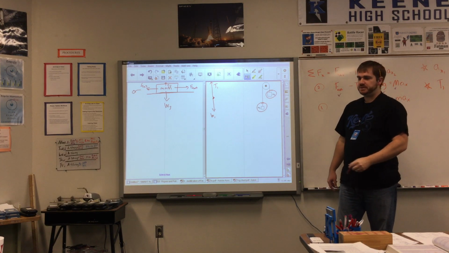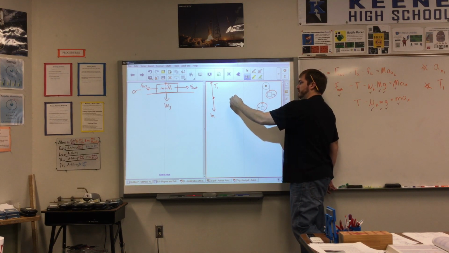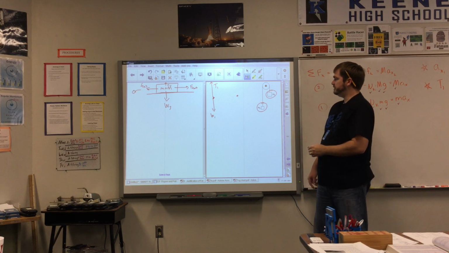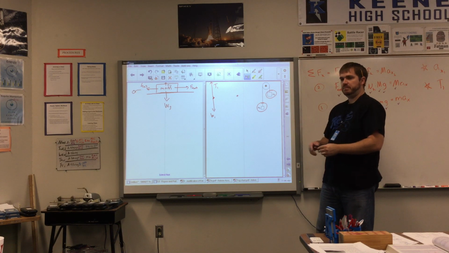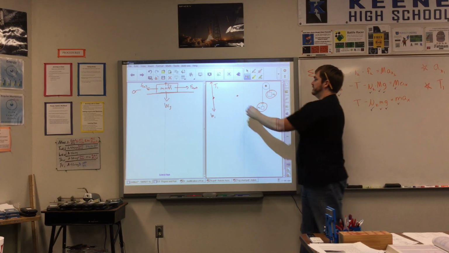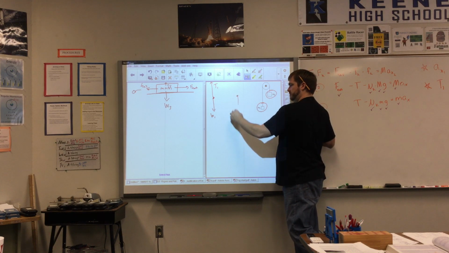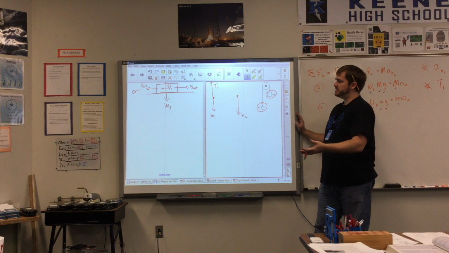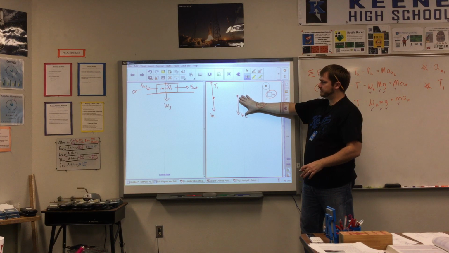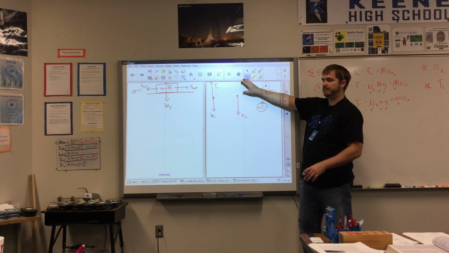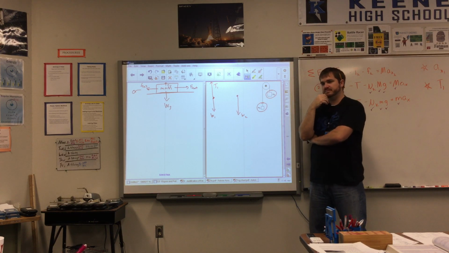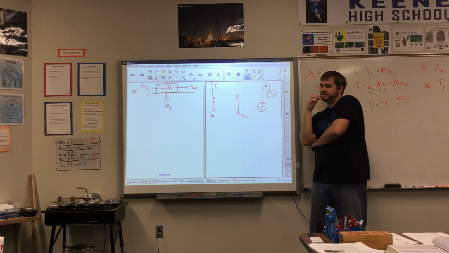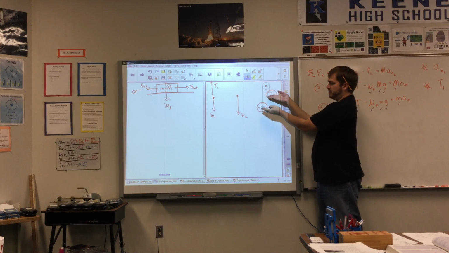Let's go ahead and circle object 2. Jasmine, what are the forces acting on object 2 there? Let's call it weight 2, and tension 2. Is tension 2 greater than, smaller than, or equal to weight 2? Smaller. Why smaller? Because it's heavy. I get it, I just don't get the words. That's fine, you're good.